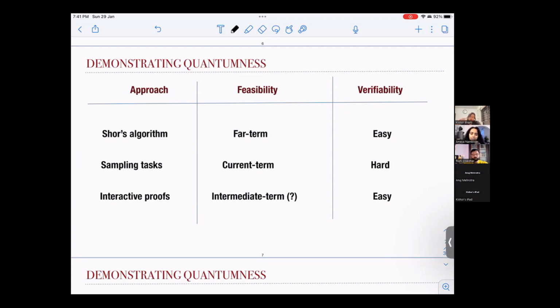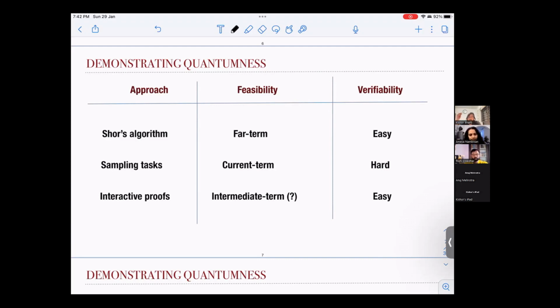Then there are those based on sampling tasks, the circuit sampling approach. These are current-term, but the issue is that it's difficult to scale them, and the verification is difficult as you scale the number of qubits.